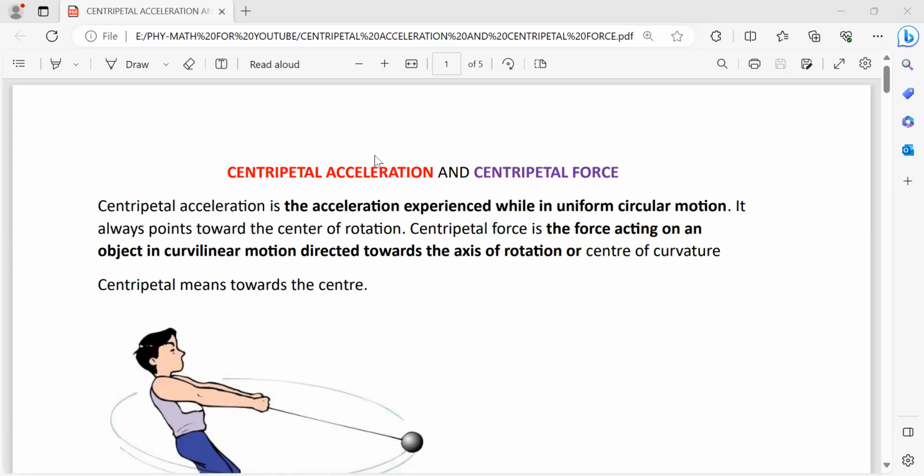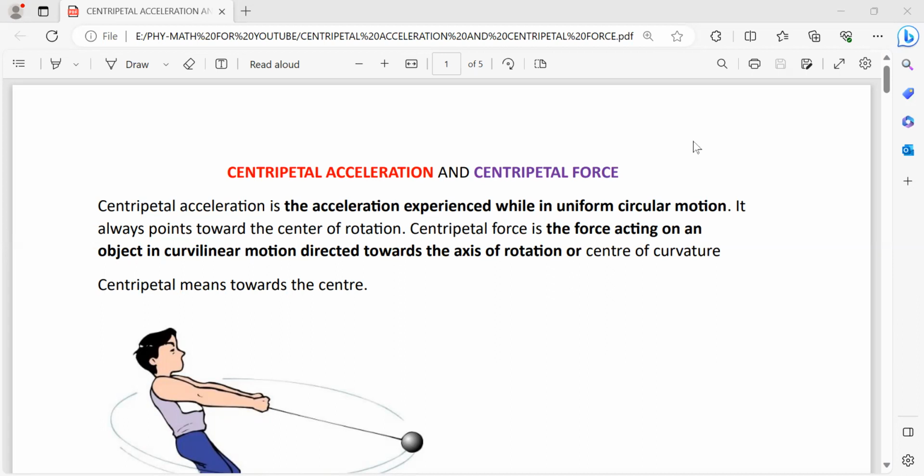Centripetal acceleration is the acceleration experienced while in uniform circular motion. So this acceleration happens in circular motion, and the motion form of the centripetal acceleration is the circle.